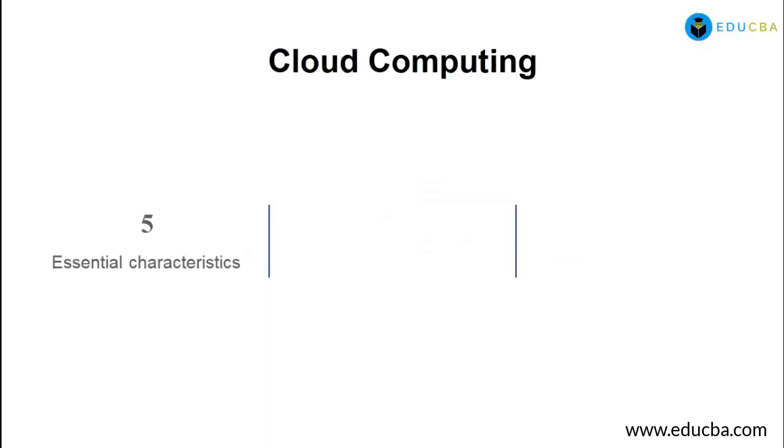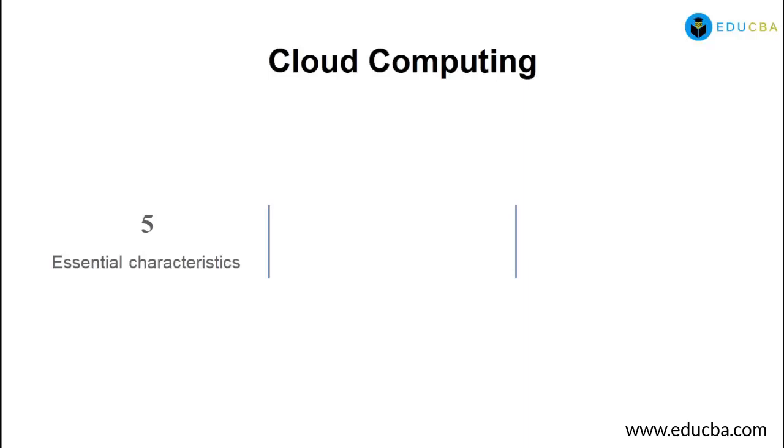Now we'll look at the highest level and some features around cloud computing. It has 5 basic essentials, fundamental principles you can say, that should be there in order to qualify it as a cloud. At the end of the day, cloud computing is just somebody else's data center, built in order to provide services.